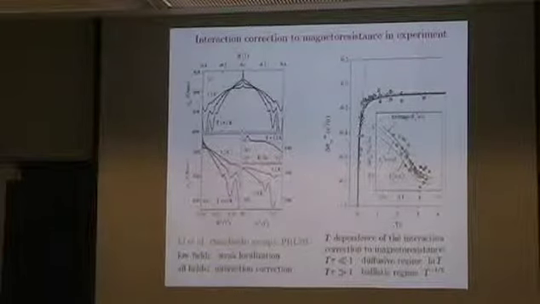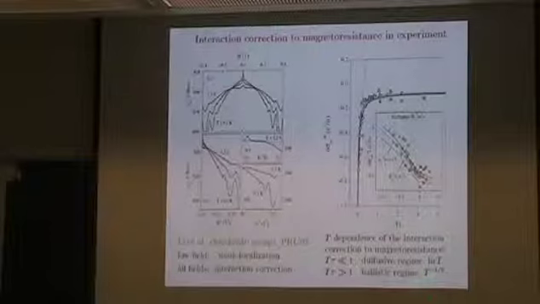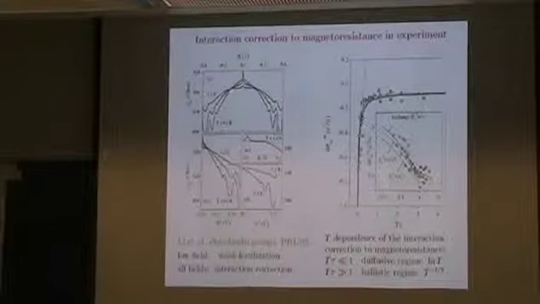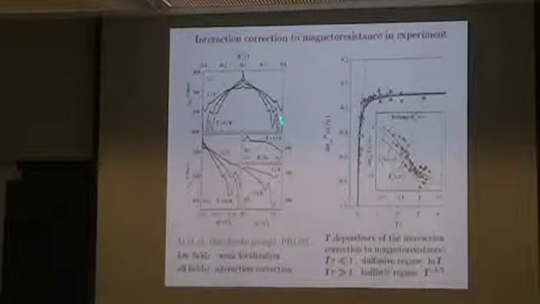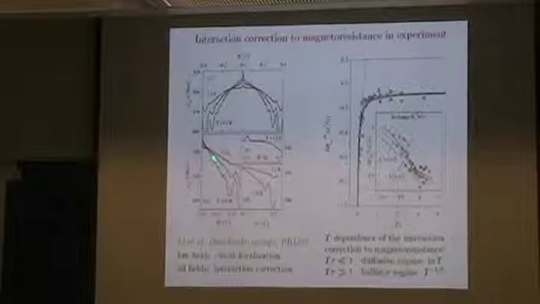In the diffusive regime and in the ballistic regime, it's a different behavior. This is what we calculated relatively recently, and this is an example of such an experiment. So you see this parabolic type of magnetoresistance, which goes linearly with B squared, so it's parabolic.